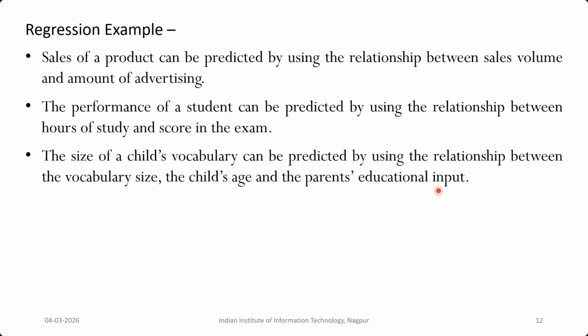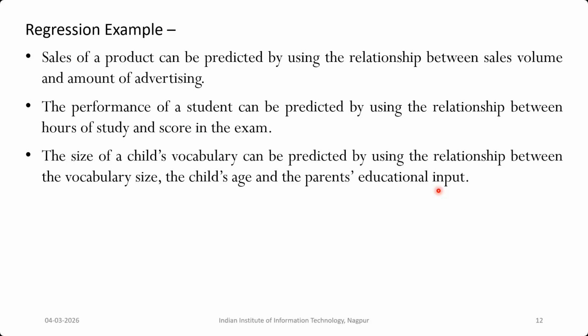There are a few examples under regression analysis. Sales of a product can be predicted by using the relationship between sales volume and the amount of advertising. In most industries, regression analysis is used to predict the sales of a particular product. For sales, there are multiple factors.